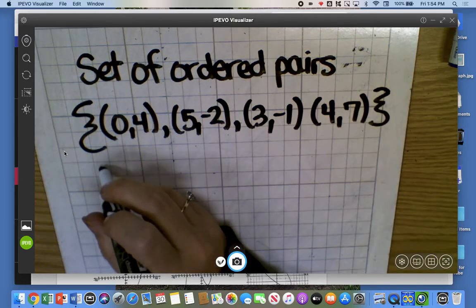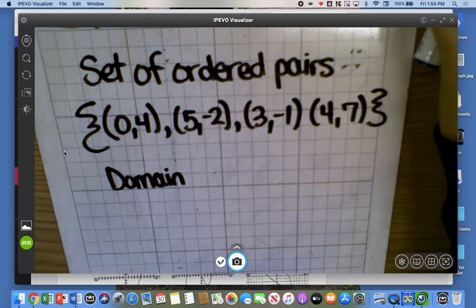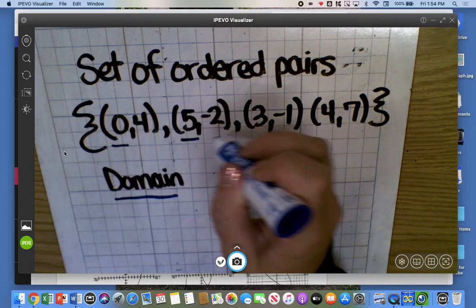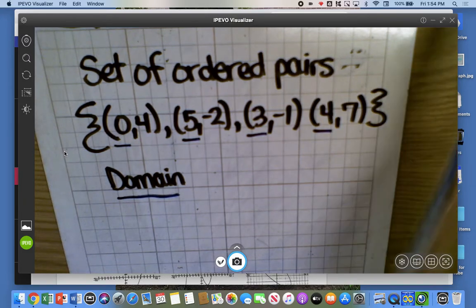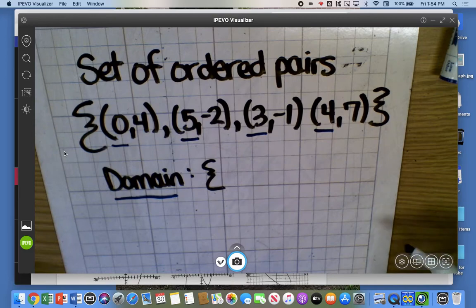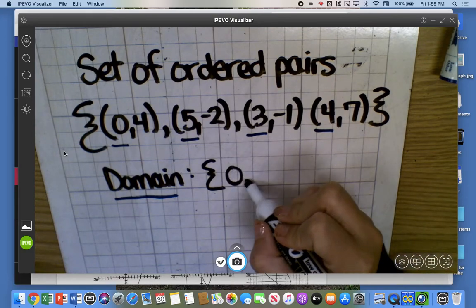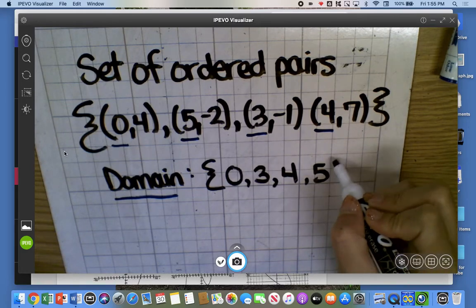All right, so on this one, our domain, our x values come from the first number in our ordered pair. So these are all different. So this would be a function if you were asked. All right, the smallest value I see in those x's, I see a 0, and then I see a 3, and then a 4, and then a 5.